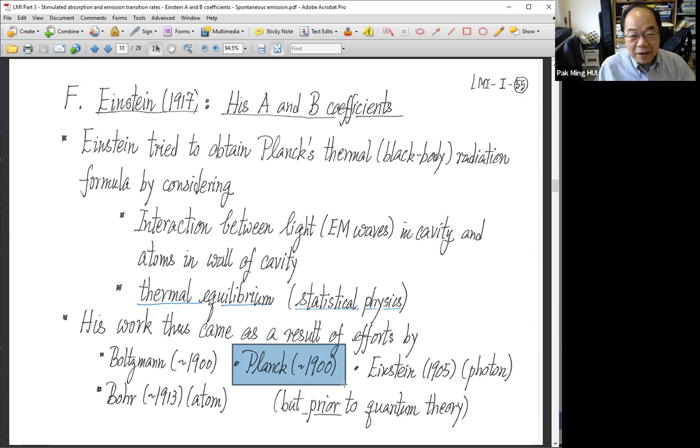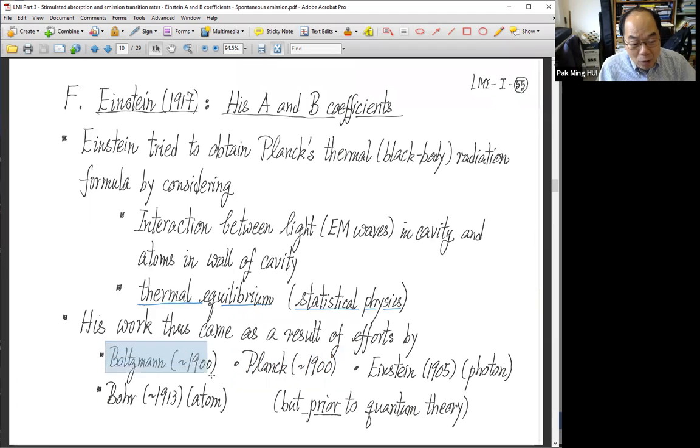And then he tried to understand why his formula worked. Then he realized that oscillators, he was referring to the oscillators of matter, the atoms, must have discrete energies of h nu or h bar omega. So that is how the whole quantum era started.